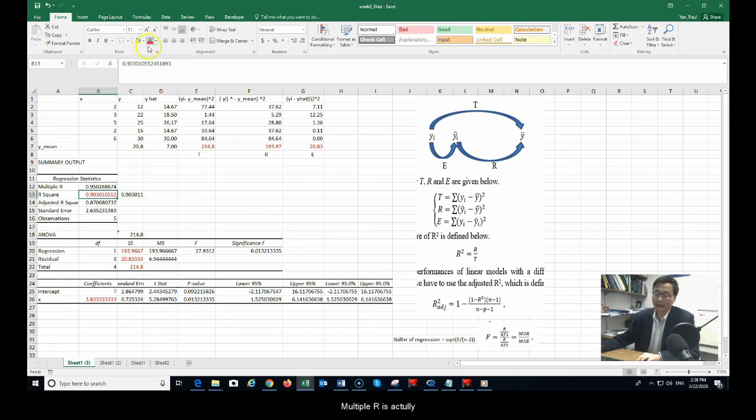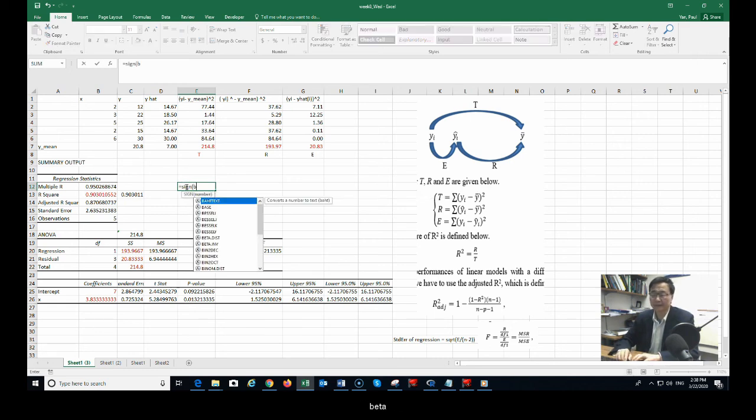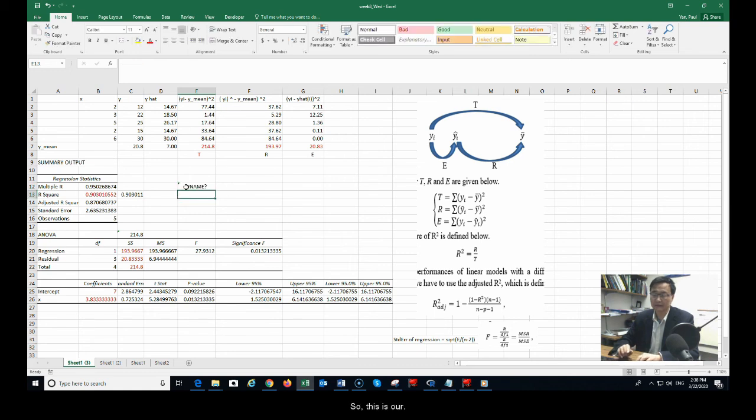Okay. So multiple R, so actually it is sign of beta times the square root of R squared. So this is our formula. Okay, so this equals, so this is sign.